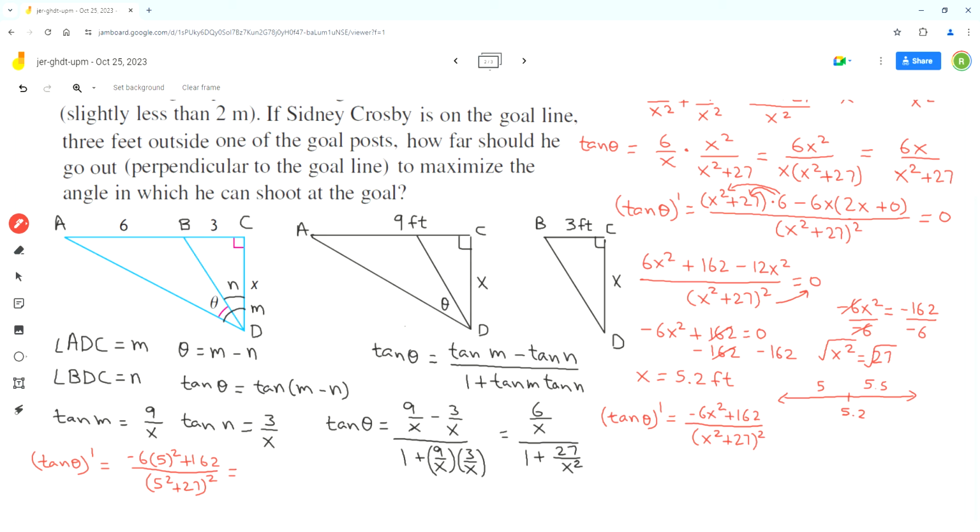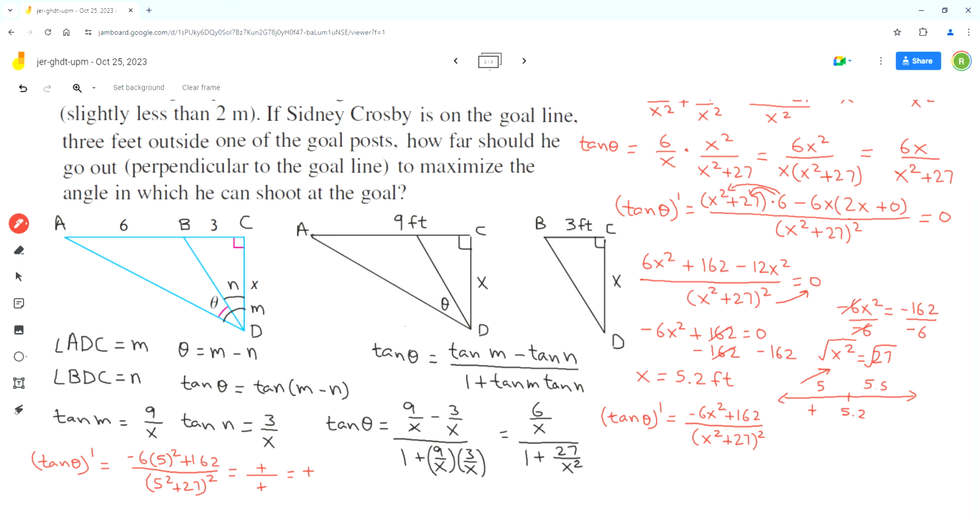The denominator expression will have a positive value, and in the numerator, -6 times 5 squared plus 162 gives us a positive value. That means the first derivative has a positive value on the left side of 5.2. That means tangent has a positive slope, so the function is increasing.